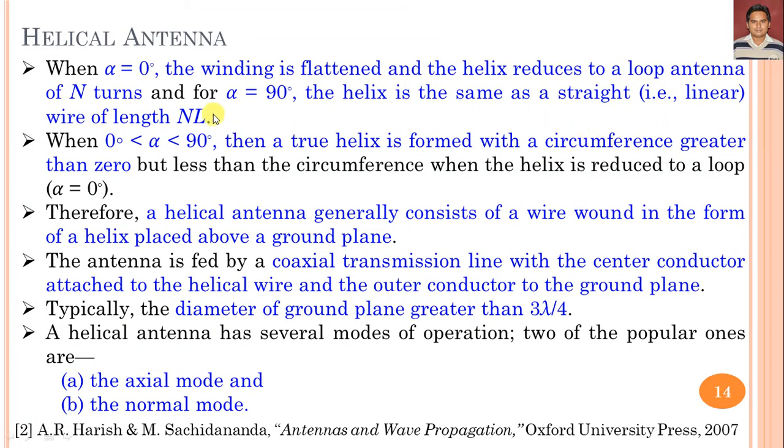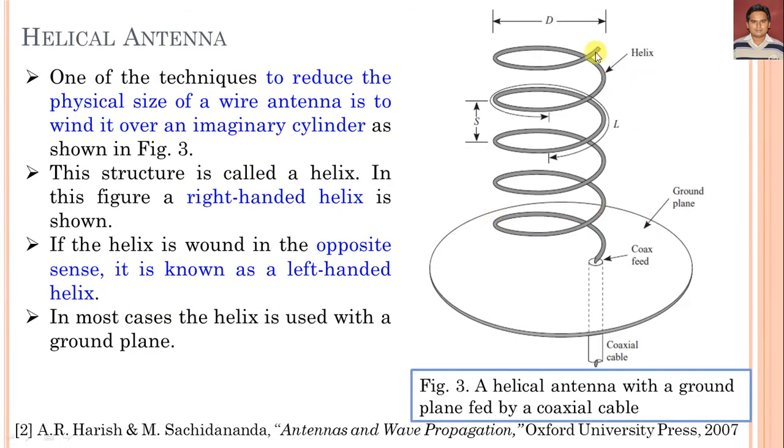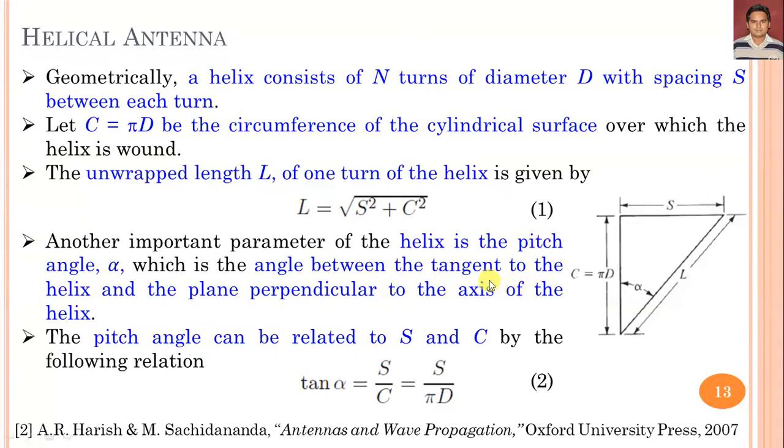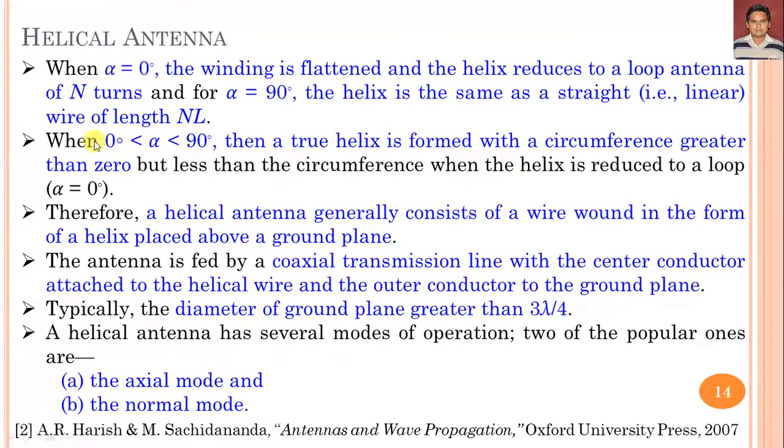Suppose n is the number of turns and L is the length of one turn. In that case, this becomes a straight wire, and its total length is N into L when the pitch angle alpha is equal to 90 degree.